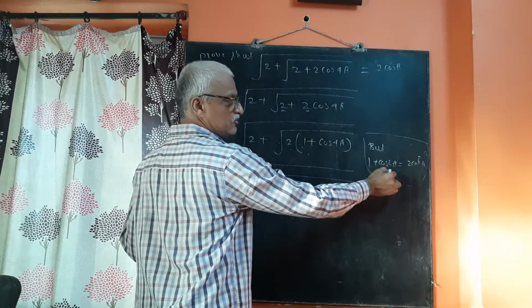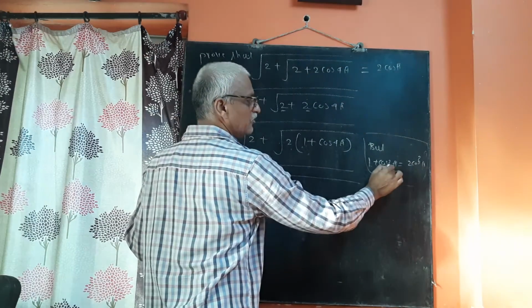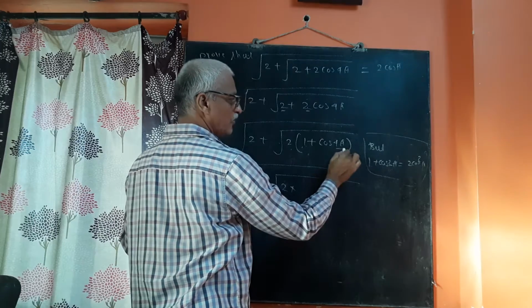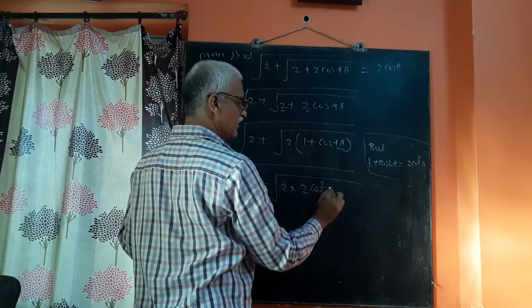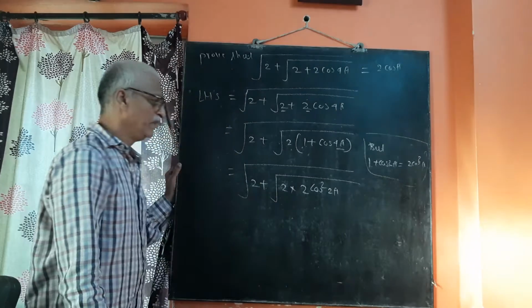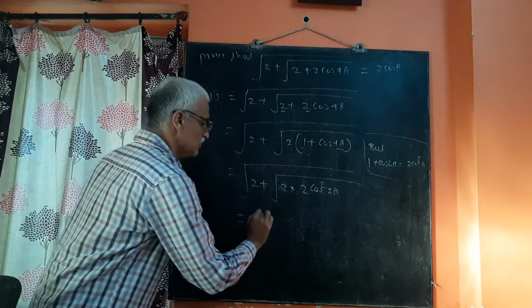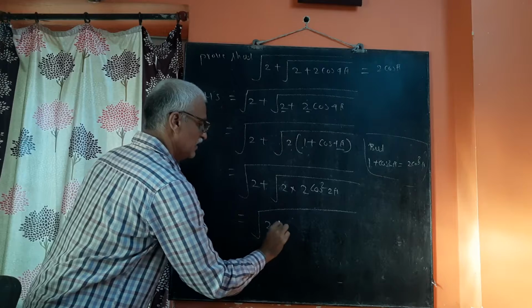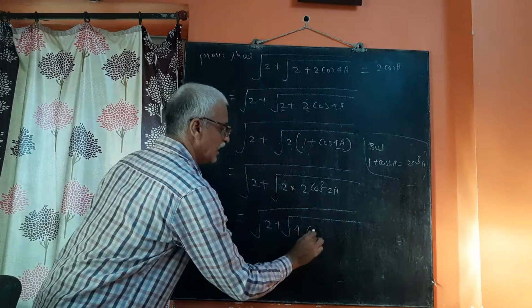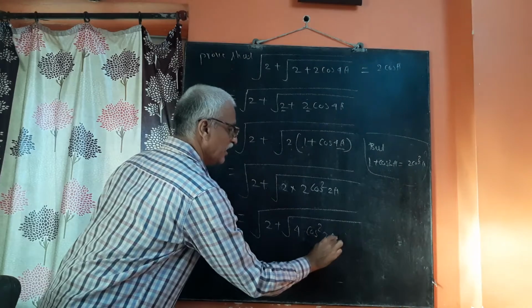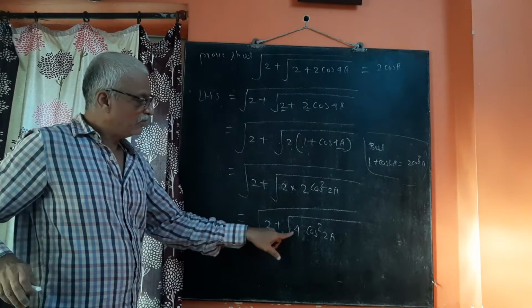According to 1 plus cos 2a equals 2 cos square a, the half of 4a is 2a, so that equals 2 cos square 2a. So it is the square root of 2 plus square root of 2 into 2, that is 4 cos square 2a.